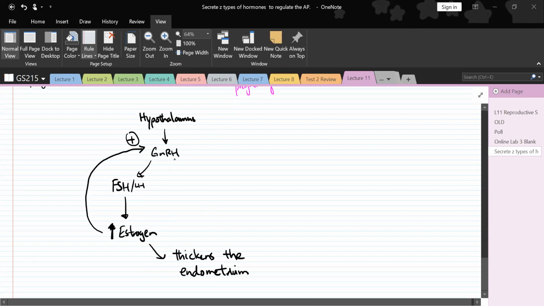Second time around, the GnRH is going to do this again, FSH, and more LH in this case. Okay, increase. The LH will trigger ovulation, right? The LH surge. And after ovulation, because of the formation of the corpus luteum, you will have increase in progesterone.